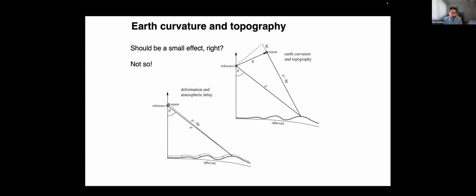So the first one, Earth curvature and topography, you might think that isn't really a large effect, but actually it depends on that distance between the satellite's initial position and when it repeated the orbit. It should repeat its orbit exactly, but there are things like atmospheric drag, even at 700 kilometers altitude.